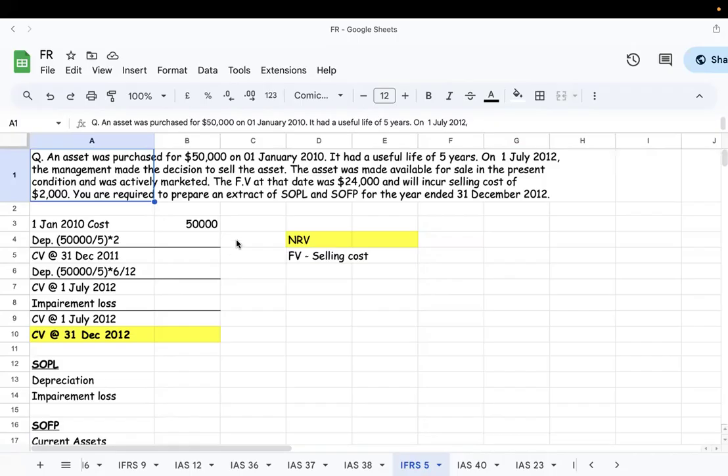So when an asset is going to be sold, it is taken under IFRS 5 NCA held for sale, right? So the depreciation is 50,000 divided by the useful life of 5 years.